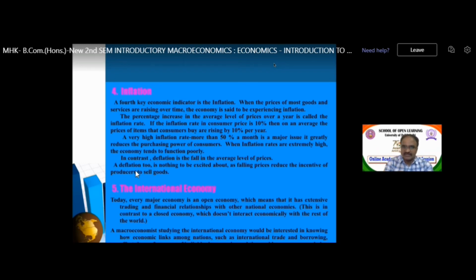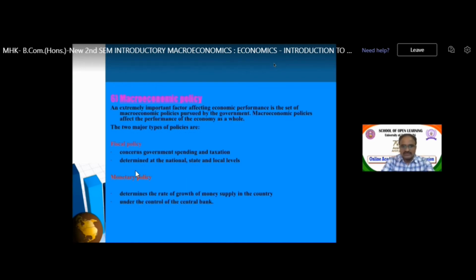Prices decline when there is a low level of income and a low level of money supply in the economy. So there is no money, there is no purchasing power, there is no demand for goods and services, and the price will fall, even if supply is more. Falling prices reduce the incentive to produce goods and services.